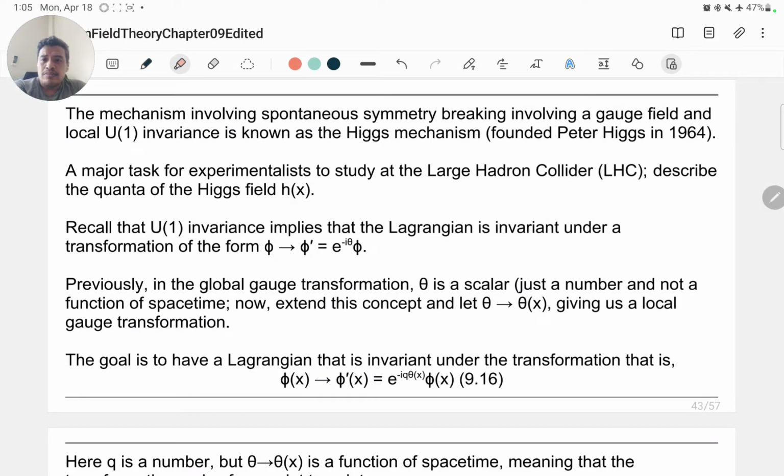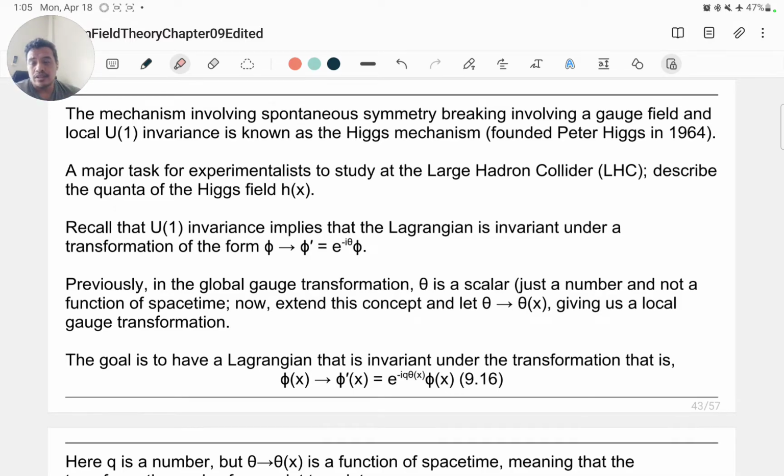So the Higgs mechanism involving spontaneous symmetry breaking involving a gauge field and local U(1) invariance is known as the Higgs mechanism. This is founded by, of course, the Nobel Prize winner Peter Higgs in 1964.